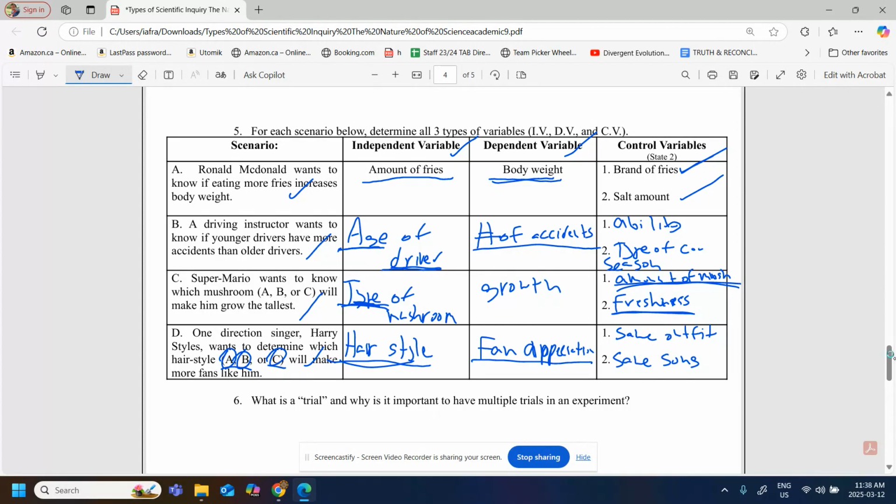Because what if it's the song that made the fans appreciate it more, not the hairstyle? Or maybe same smile. What if Harry Styles is doing a different smile for every hairstyle? Maybe people preferred one smile over another, or one facial expression over another. So these are different things that you might need to keep the same to make sure you're really only testing out the hairstyle and nothing else.